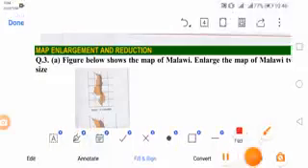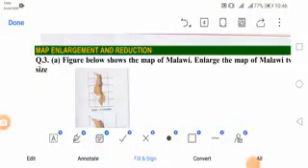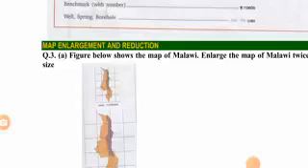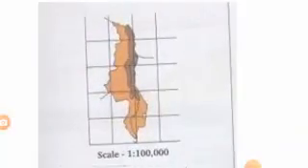Under map enlargement, the map becomes bigger, while under map reduction the map is made smaller. For example, the figure below shows a map of Malawi enlarged twice its original. Look at the map with boxes and a scale of 1 to 1000, where 1 centimeter is equal to 1000 meters. That's the scale.